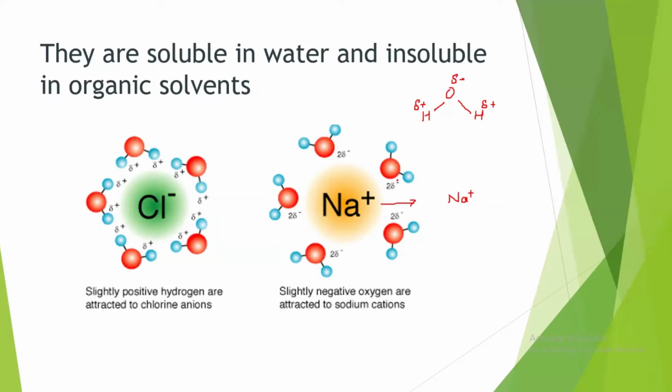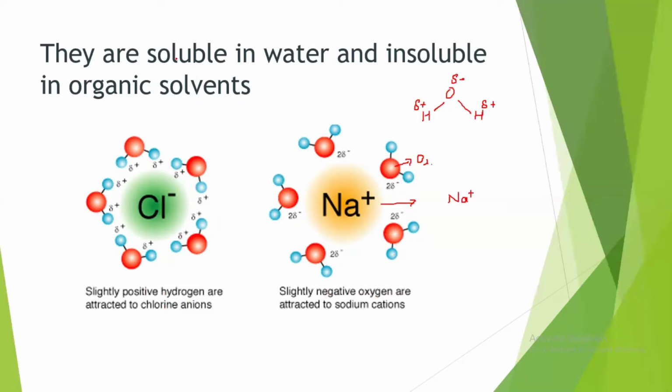So oxygen is attracted to the cation, and the hydrogens are attracted to the chloride ion. Slightly positive hydrogens are attracted to chloride ions like this, and slightly negative oxygen is attracted to sodium ions.